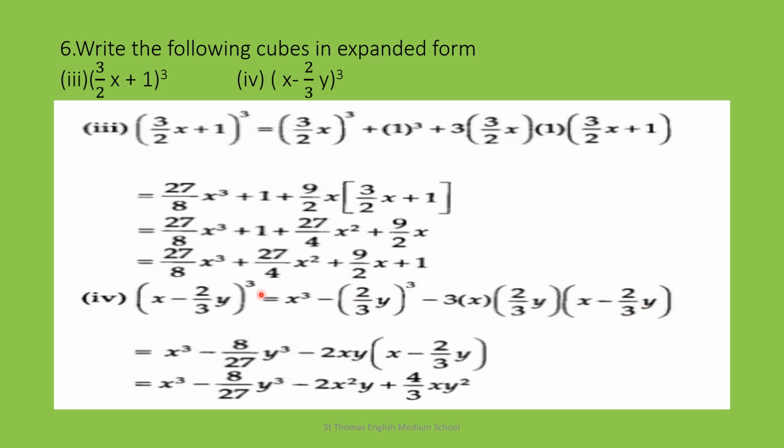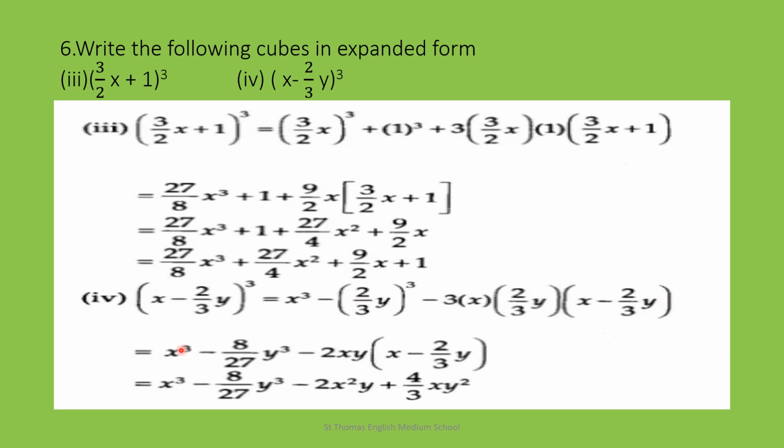Therefore you will have (x - 2 upon 3y) whole cube equal to x cube - instead of b you are having (2 upon 3y) whole cube, please put the bracket, - 3ab, that is 3 multiplied by x multiplied by 2 upon 3y multiplied by (a - b), that is (x - 2 upon 3y).